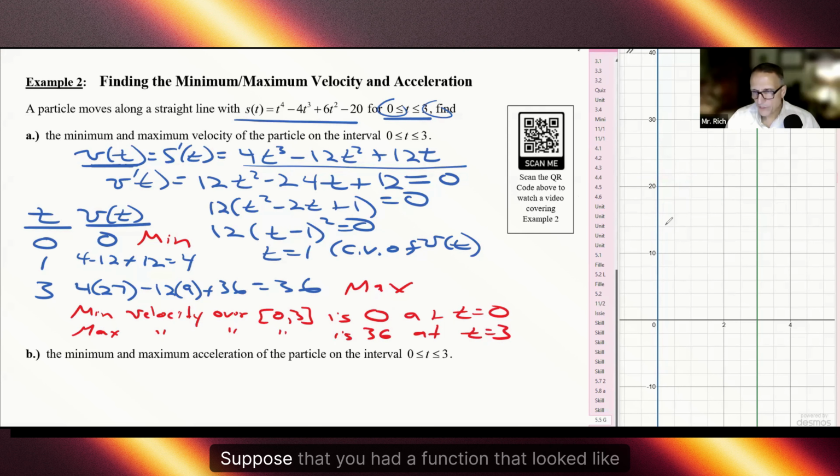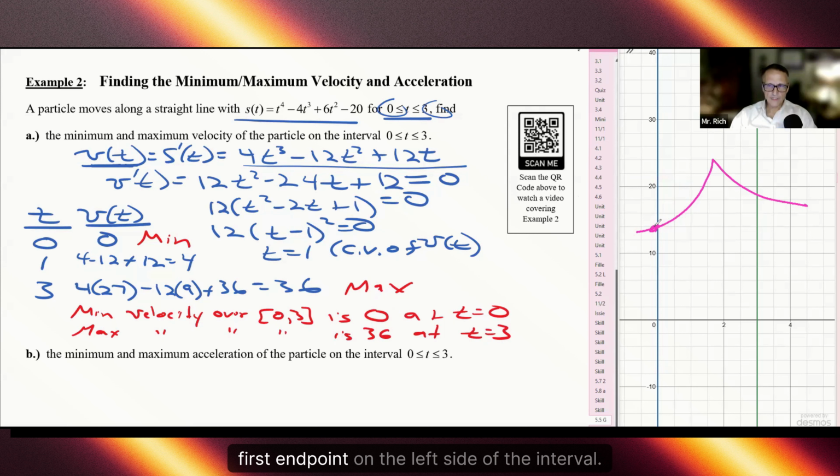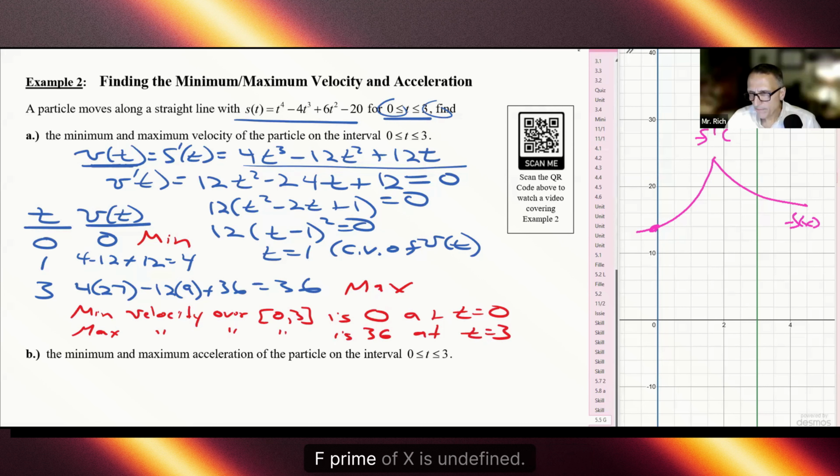Now, let me show you this. Suppose that you had a function that looked like this. Notice my absolute minimum value occurs at the first endpoint on the left side of the interval. This is neither a min or a max, but look at it up here. This is a critical value. If this function is f of x, at that location, f prime of x is undefined. It's not differentiable right there.